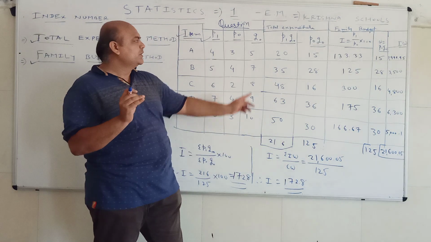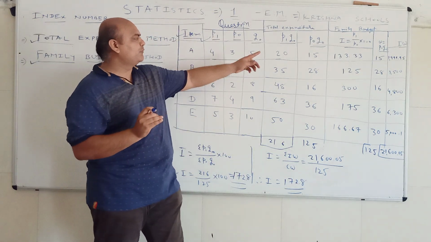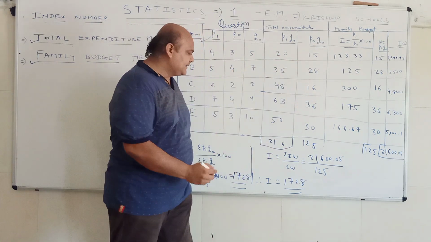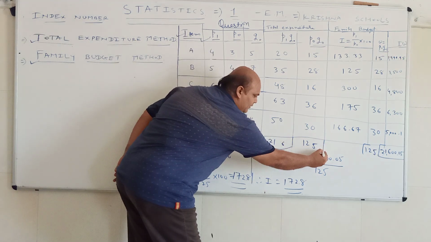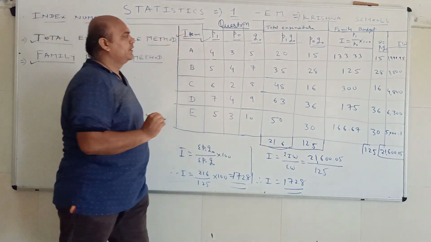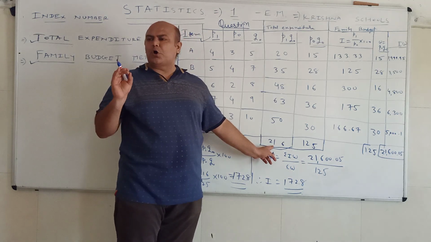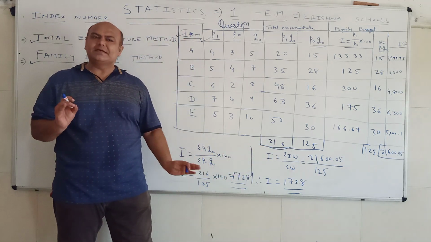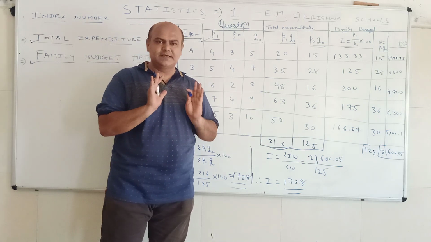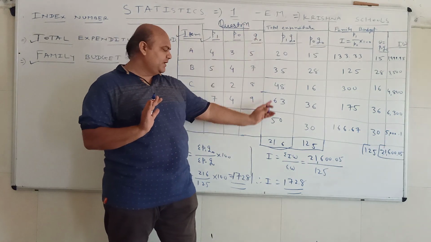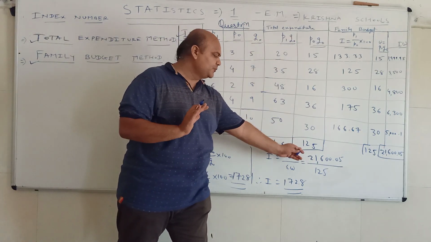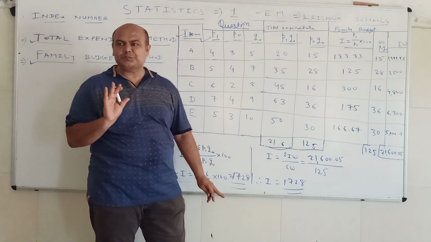Then the total of the column of P0 Q0 is 125. So here, friends, the additional two columns for total expenditure method, P1 Q0 and P0 Q0, are ready.